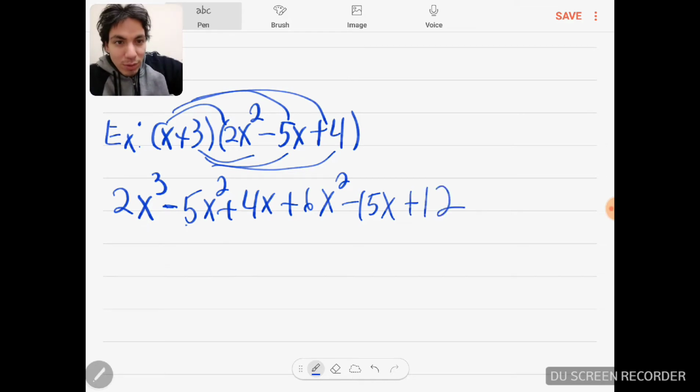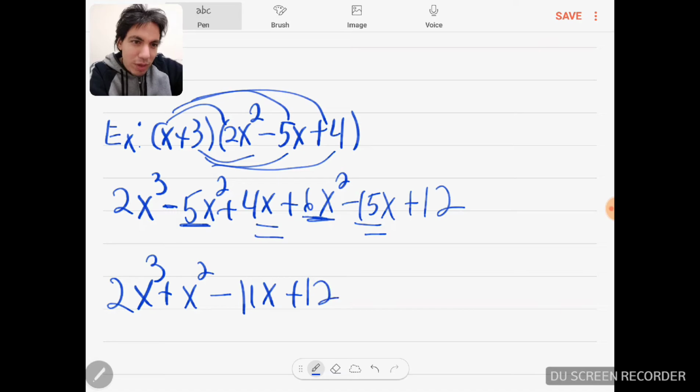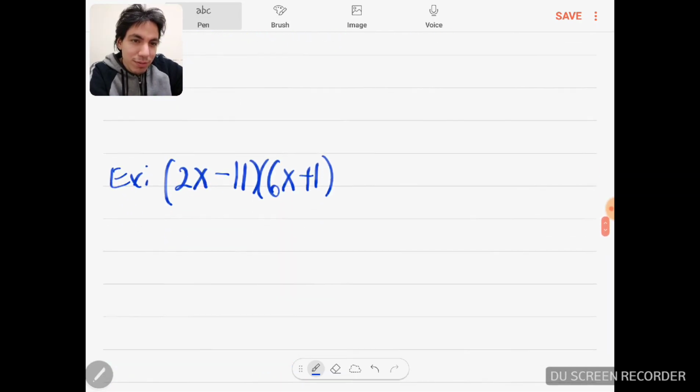And now, remember, we're going to highlight the terms we're going to combine. Okay? 2x to the third, this will be plus x squared, because 6 minus 5 is 1. And then 4 minus 15 is negative 11x plus 12 as your answer for that one.